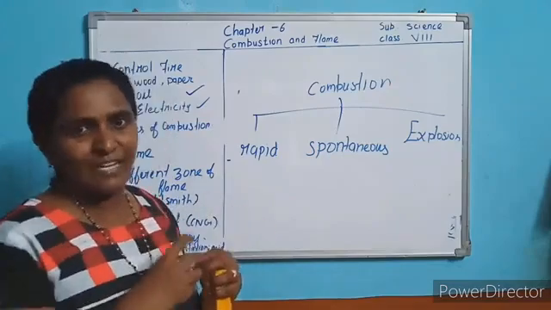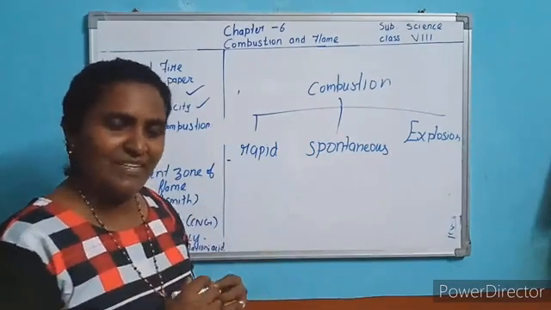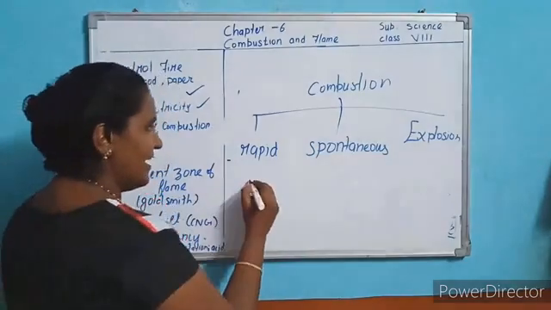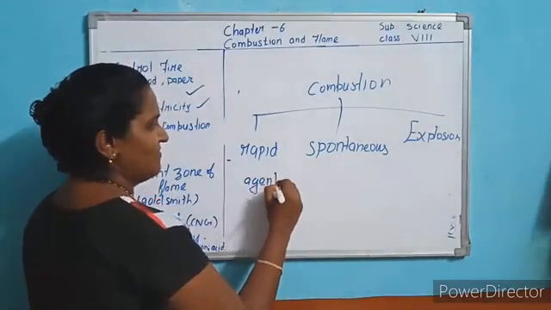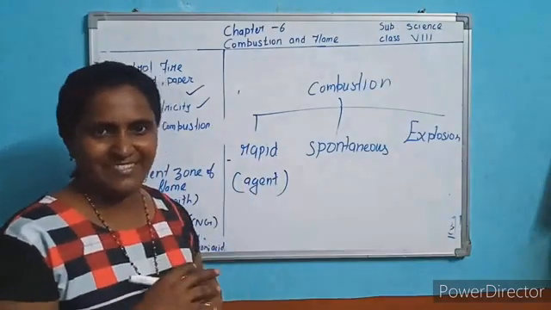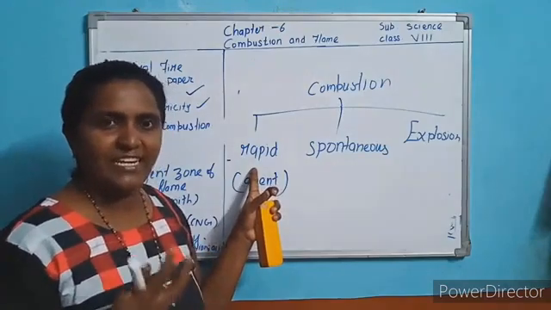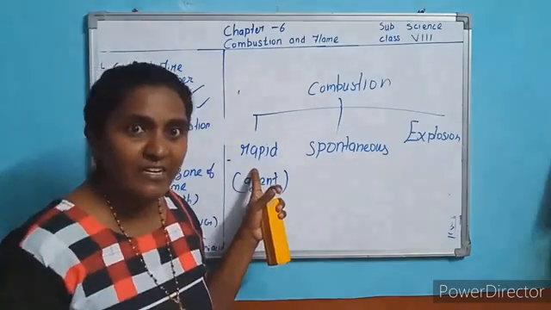So some agent is required for burning or to give flame. Understood? And combustion occurs with the help of some agent, and the reaction is very rapid, very fast. If they get enough ignition temperature, they burn very fast.